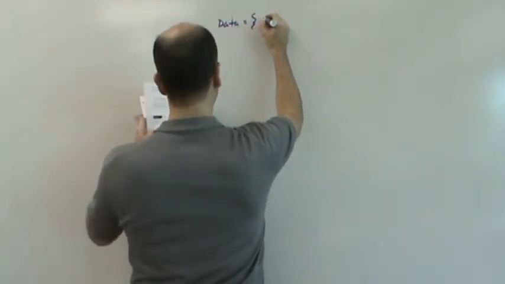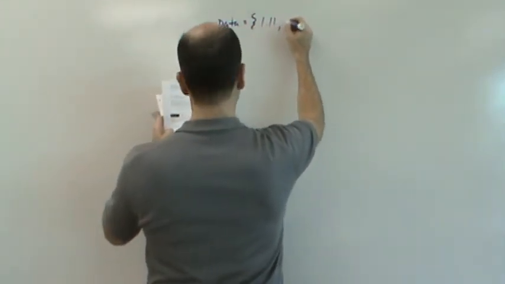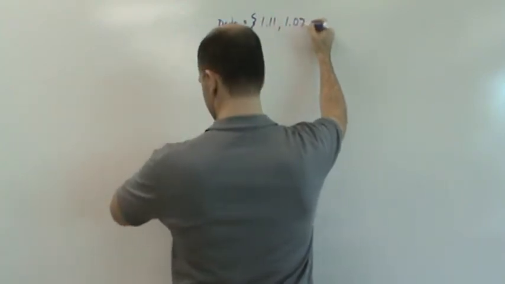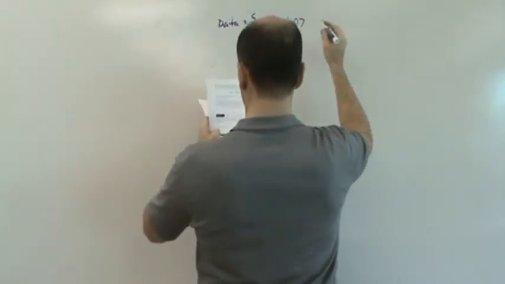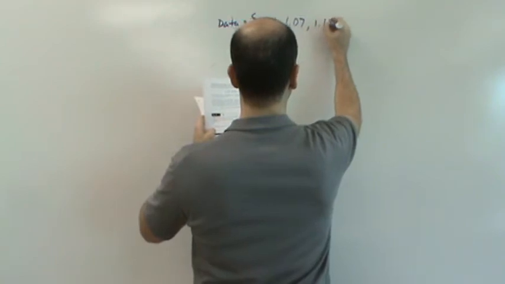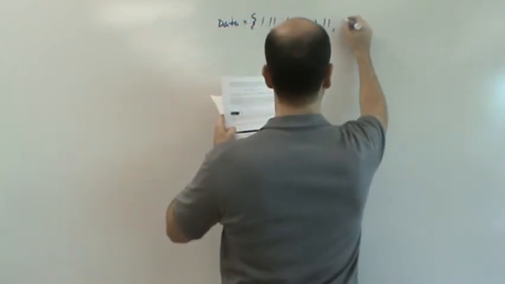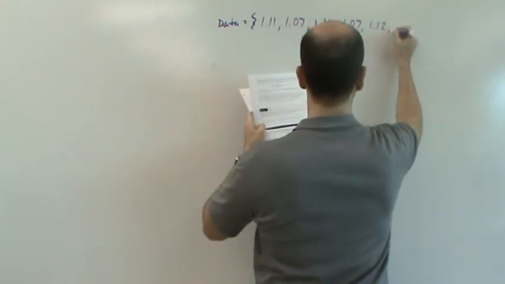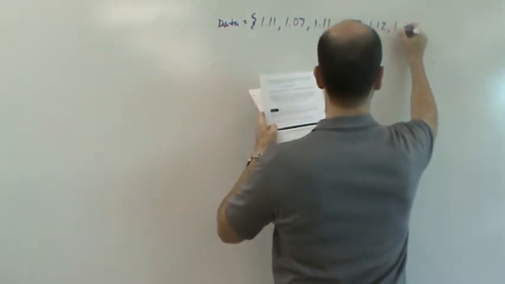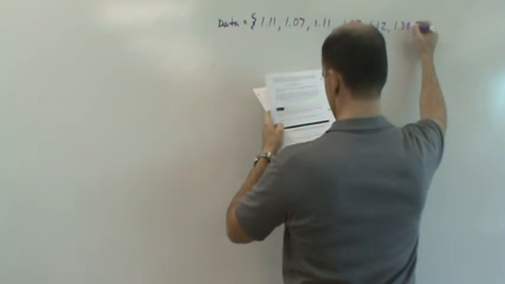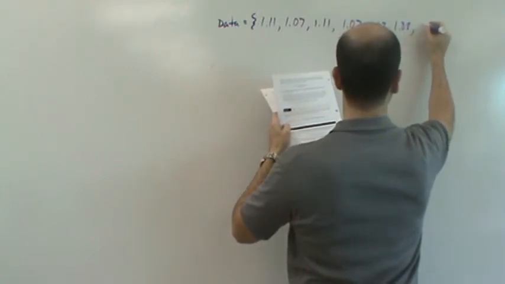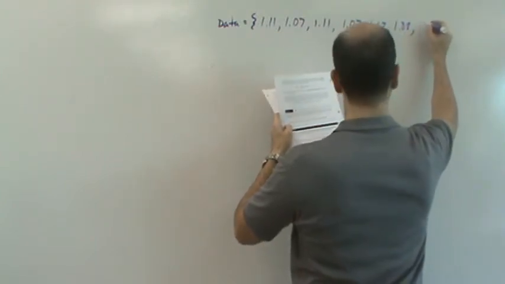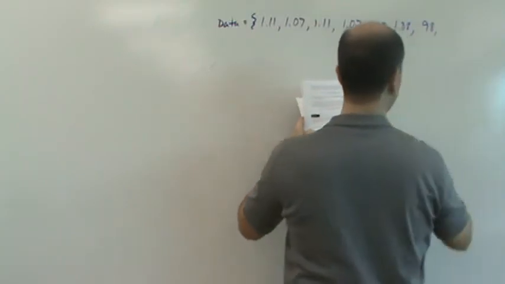And so we get 1.11, 1.07, 1.11, 1.07, 1.12, 1.08, 0.98.